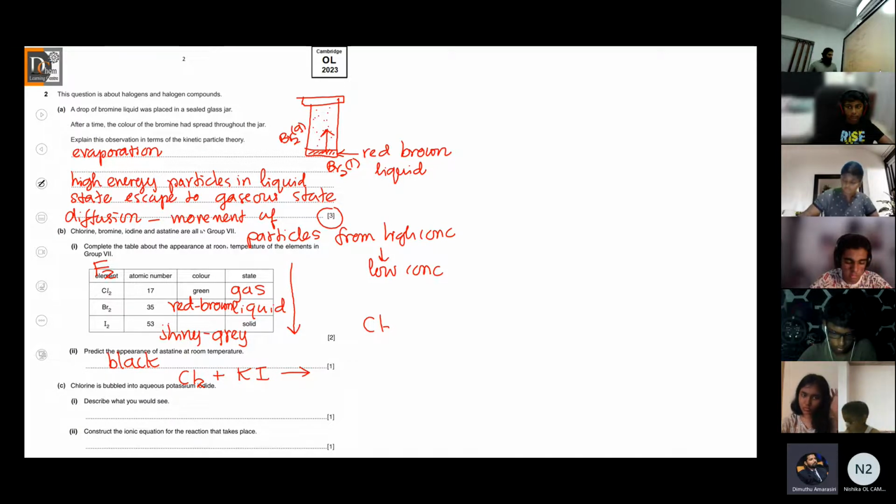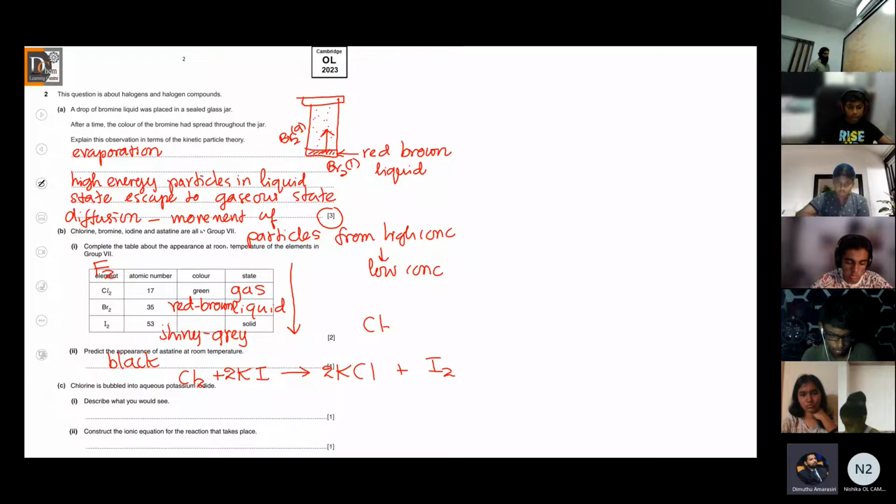Okay, so chlorine is more reactive than iodine. Thereby, chlorine will say, how dare you stay with potassium? Potassium is mine. And then iodine is kicked out of the compound, and it becomes iodine. In order to do that, you need to balance this.